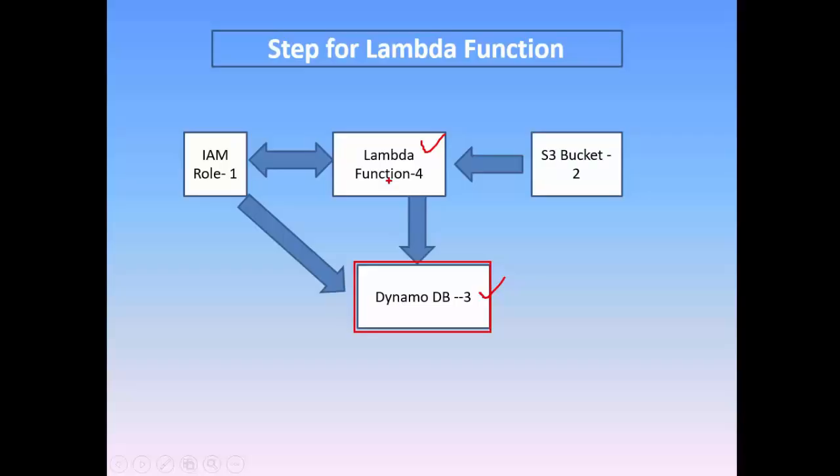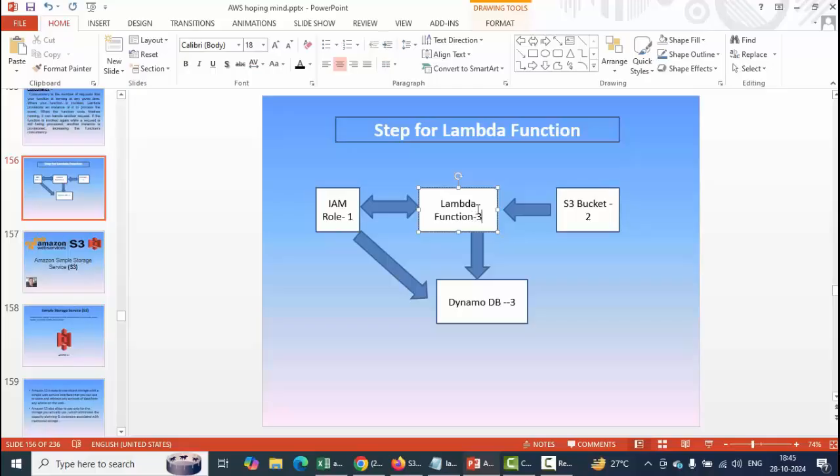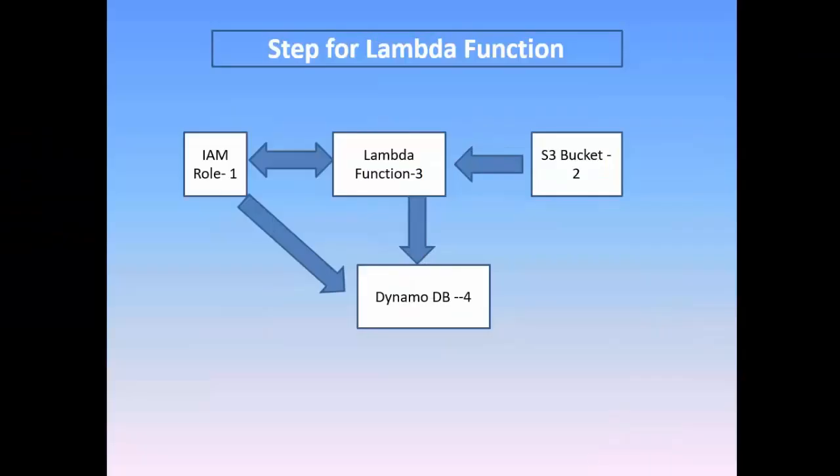So first we will create the Lambda function. I just changed the sequence: it should be 3, and the verification will be my fourth step. So the third step will be creating the Lambda function.